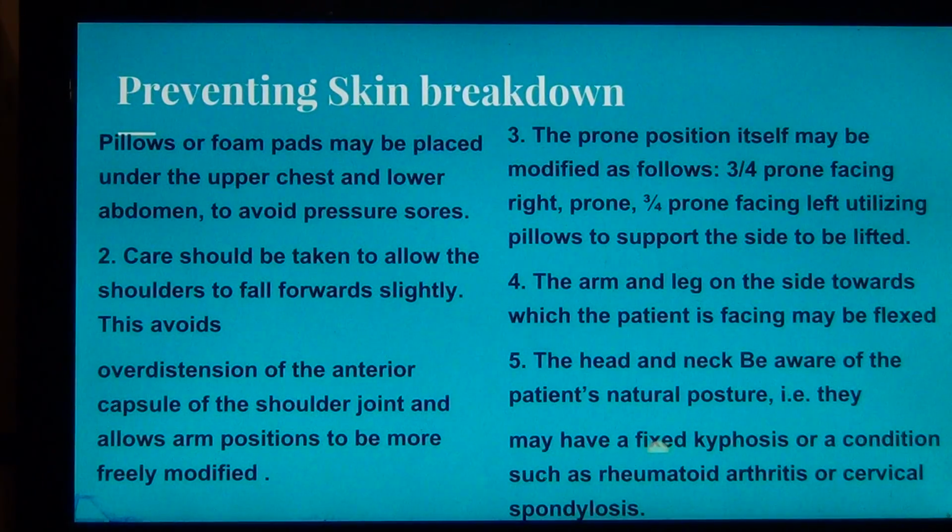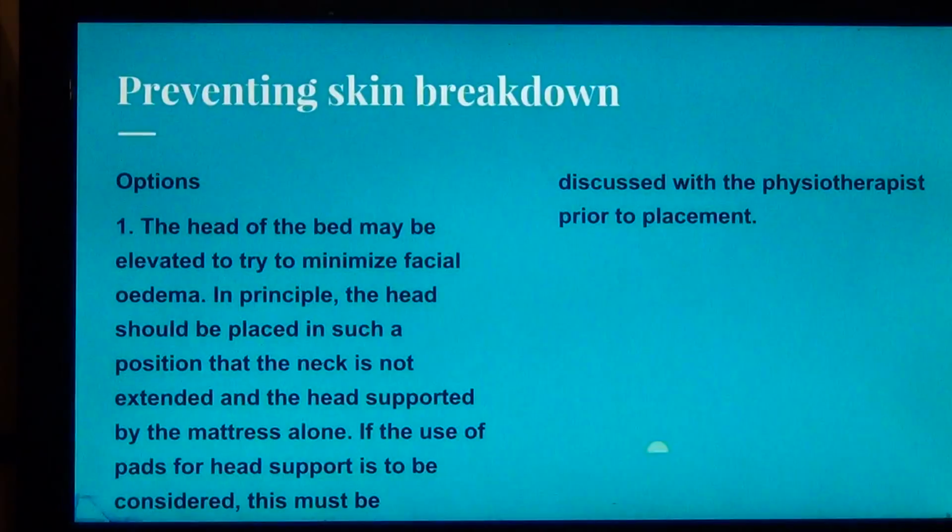The head and neck: be aware of the patient's natural position. For example, they may have a fixed kyphosis or a condition such as rheumatoid arthritis or cervical spondylosis. Options: the head of the bed may be elevated to try to minimize facial oedema, and that's just the soft tissues engorging with fluid in the face.